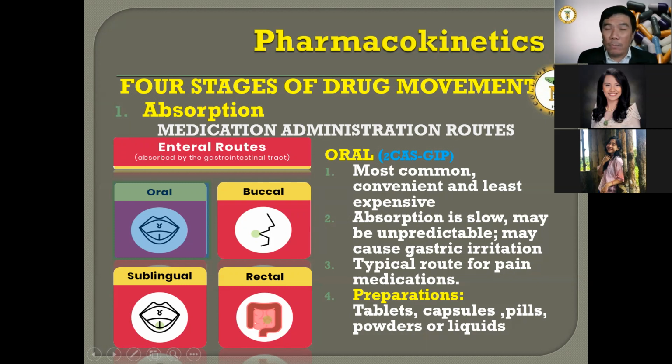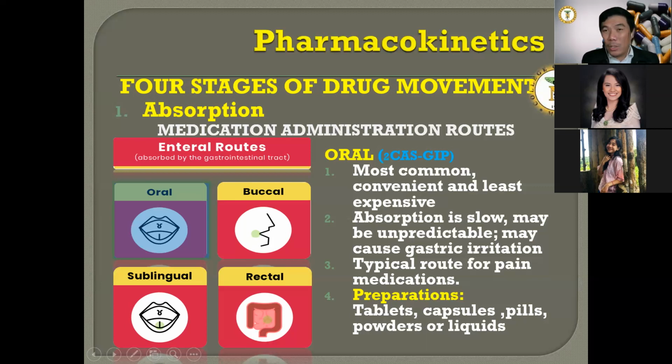Most of the oral medications will really experience gastric irritation because obviously the initial breakdown of the drug for absorption is initiated by the stomach via hydrochloric acid. The longer that the drug stays in the stomach for absorption, the chances that it will increase the acid pH in the stomach.